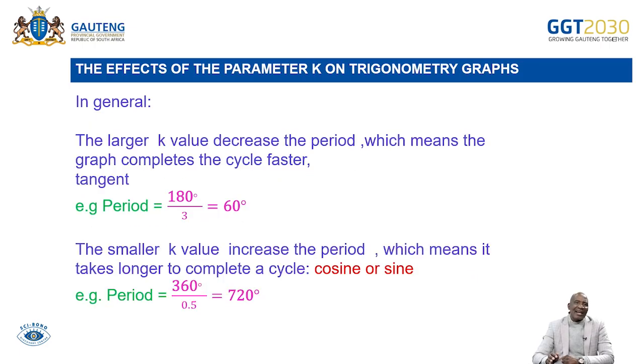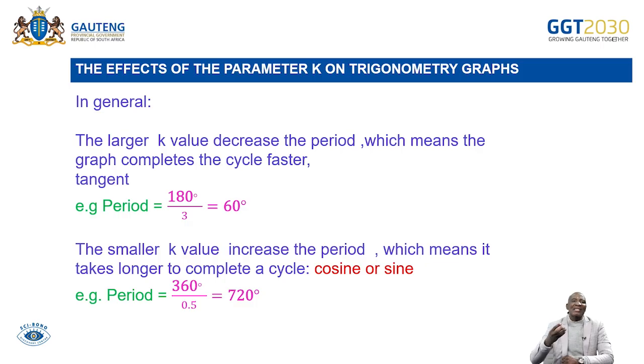Then in general, what are we saying? The larger k values decrease the period. In other words, if you put a 3 instead of a 2, it will come down to 60 for tangent. If you use a 4, it comes down to 45.